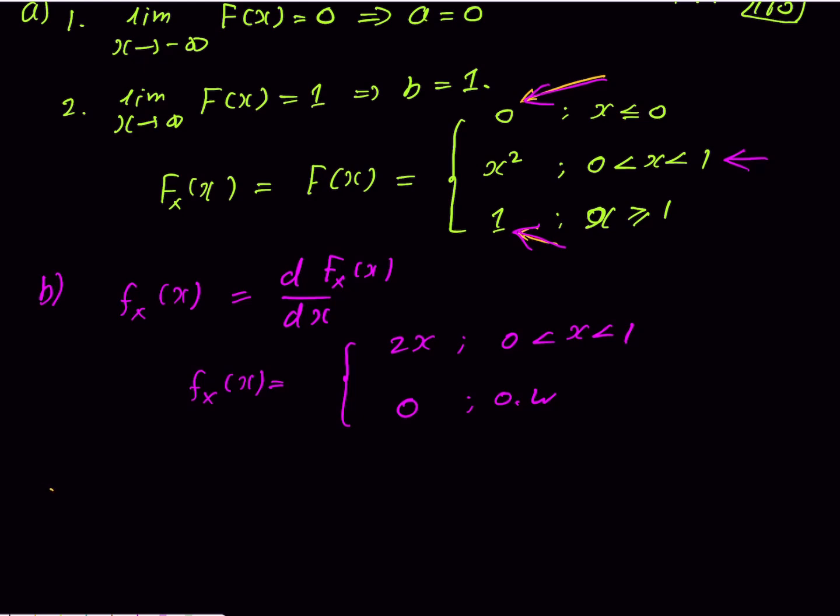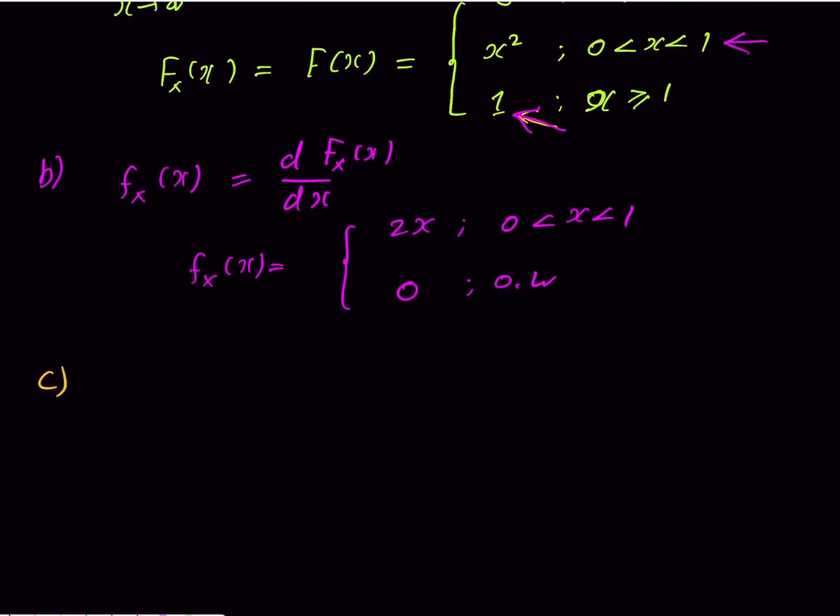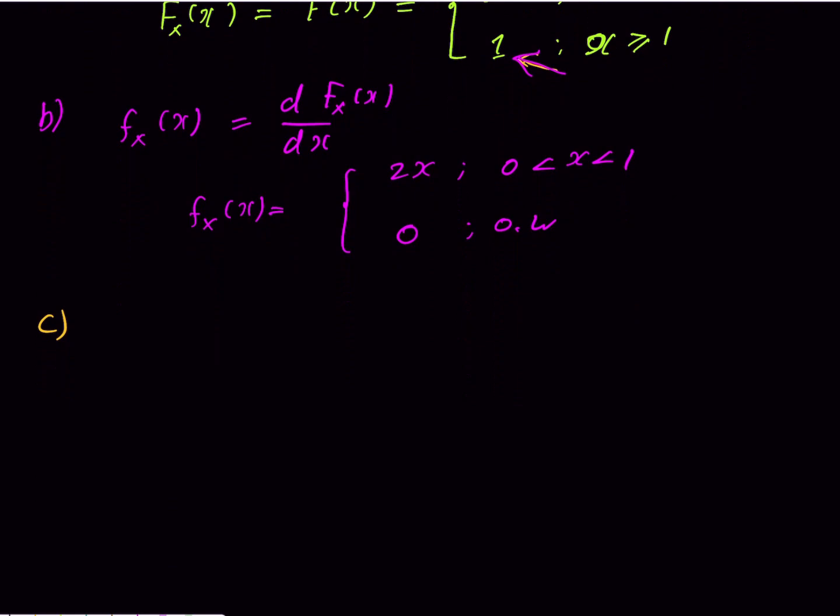So that is the PDF, the answer for part B, right? Then go to part C. Calculate the expected value of x. Actually, you should know the definition of the expected value. Expected value of x is the integral from negative infinity to positive infinity of x f(x) dx. Here you see this part is the PDF, not the CDF.